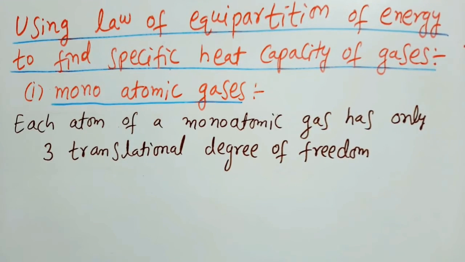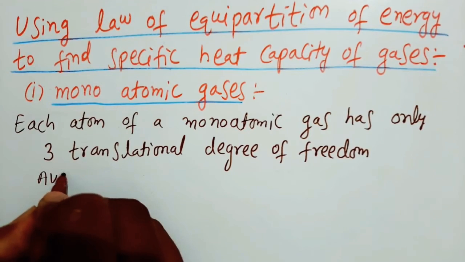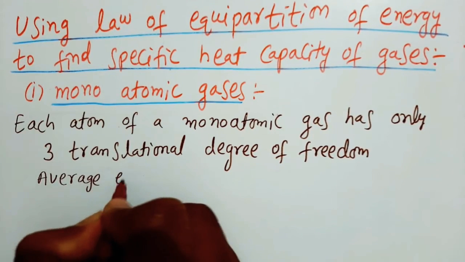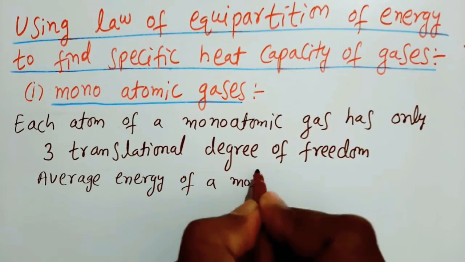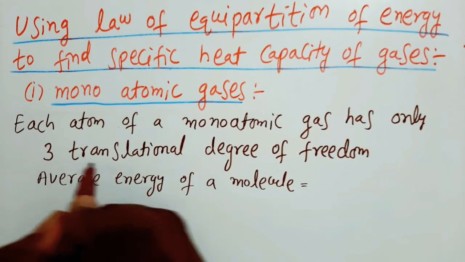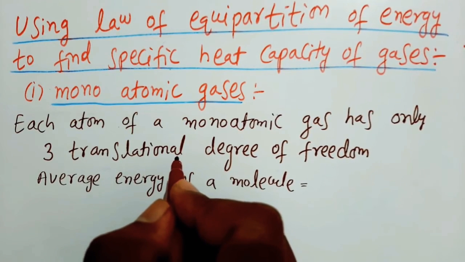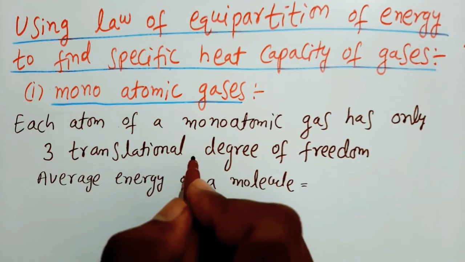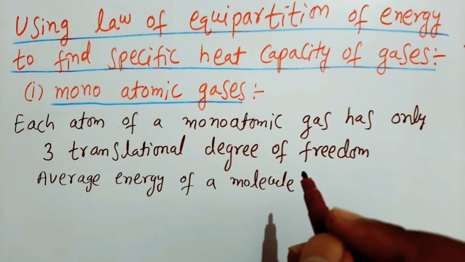According to the law of equipartition of energy, each mode has an average energy equal to 1/2 kBT.